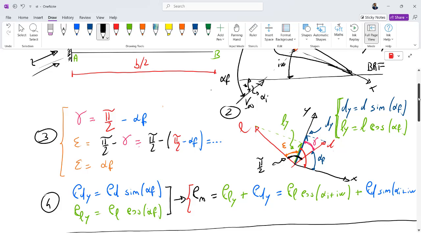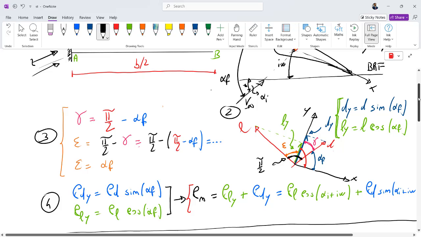The difference between these angles gives us gamma. But epsilon instead is equal to 90 degrees again minus gamma angle. But gamma angle is equal to 90 degrees minus alpha final. The arithmetic summation of these quantities gives us that epsilon is equal to alpha final.